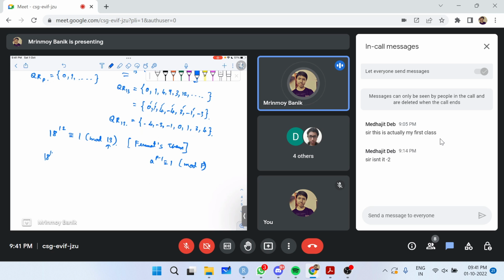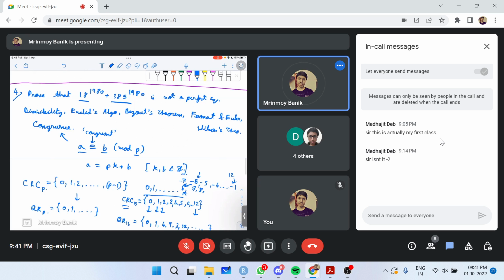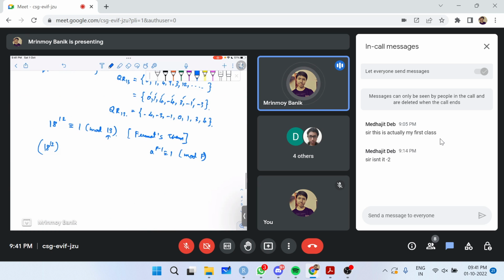So next, divide 1980 by 12. It divides exactly, giving 165. So 18 to the power 1980 gives remainder 1 when divided by 13.